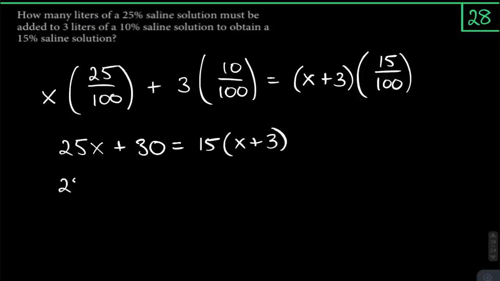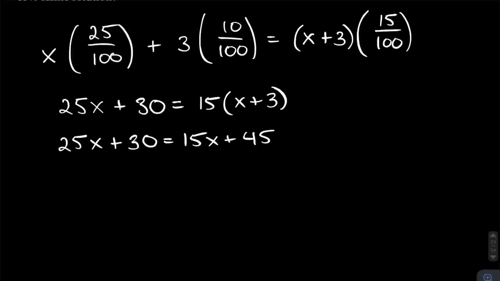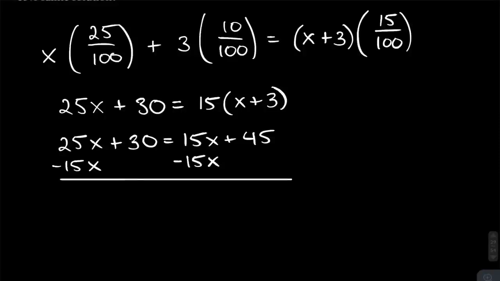So now we have 25x plus 30 is equal to the 15x plus 45, right? We just distribute that 15 through. And then we solve for x, right? And here it just becomes a quick equation. We can subtract 15x on both sides. We can also subtract 30 on both sides.